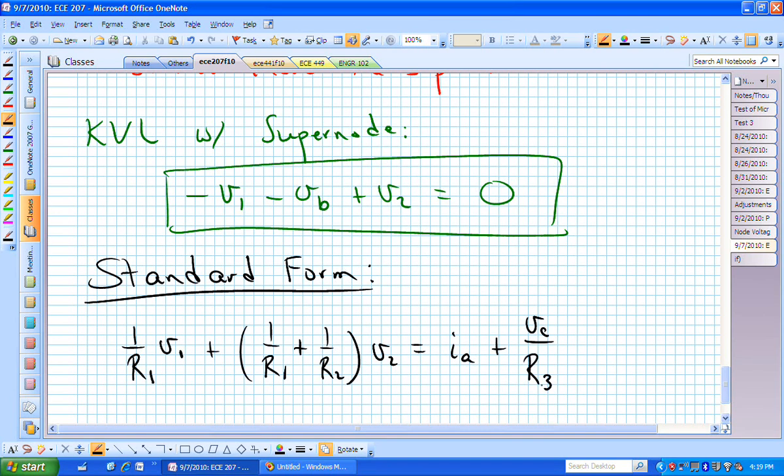Remember, V sub C was a source, and that's given. A voltage divided by a resistor gives us a current, so our units are compatible on the right-hand side, and we can add those up. If I sub A was 2 and V sub C over R sub 3 ended up being 6, then the right-hand side is 8. Nothing magic about that. Question?